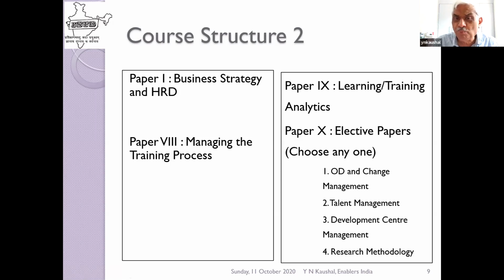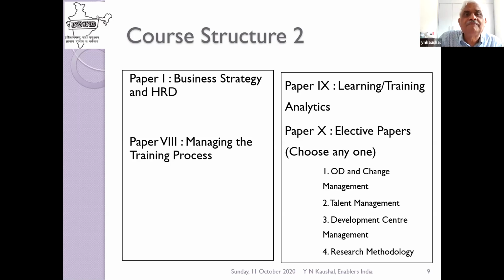So by the time you go to the third semester, I'm not sure if we will be able to offer all four, or the range could also increase further, right? So that's the type of course structure that we have here, connected to the entire training process, right?